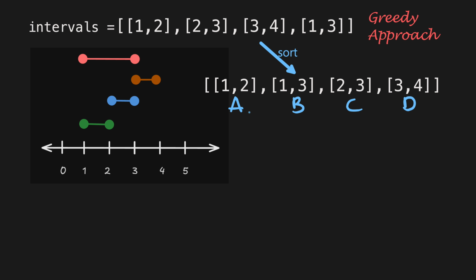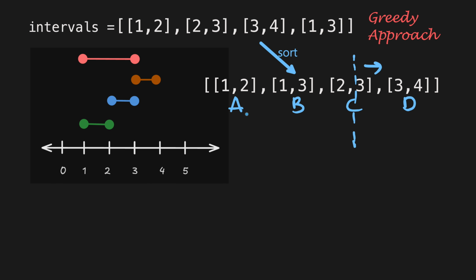For example, here we see intervals A and B coming together, or we can see that if intervals A and C don't overlap, then all the intervals on the right of C won't overlap with A either.